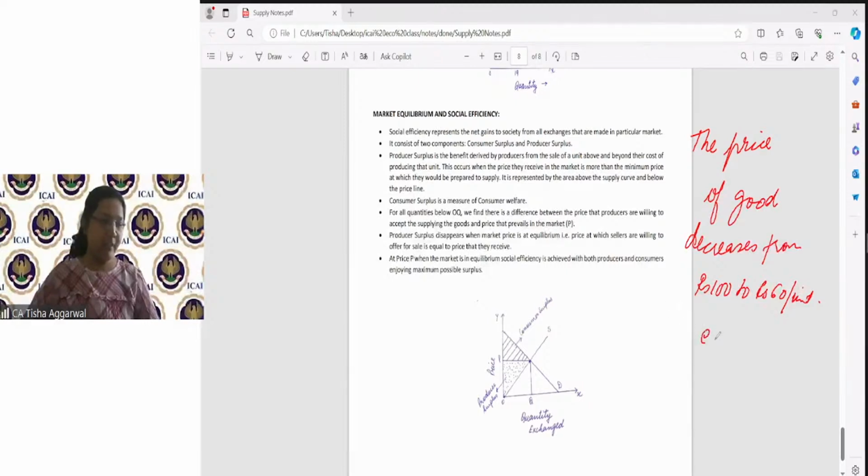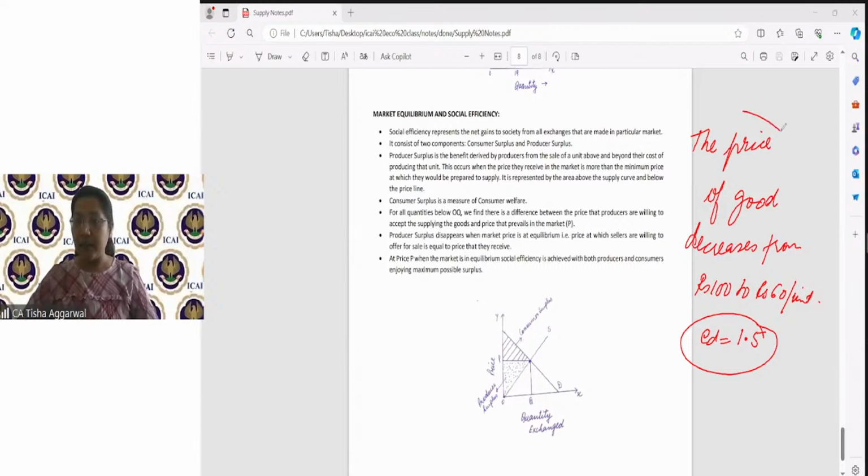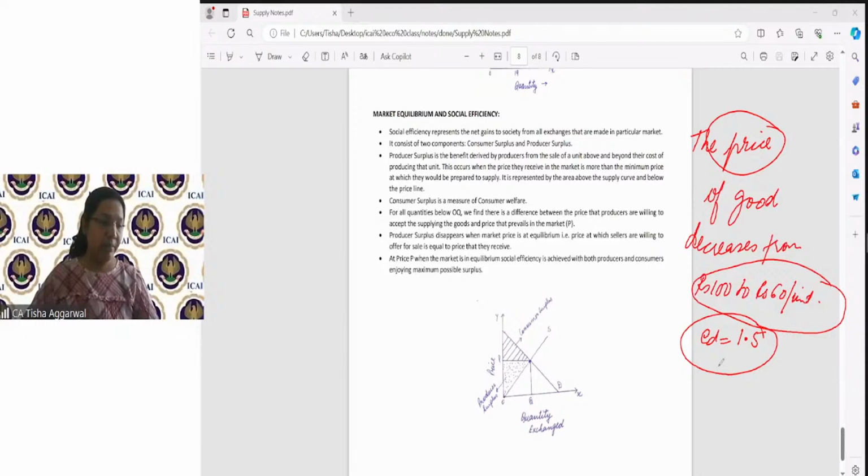If the elasticity of demand is 1.5, now come on, you are given elasticity, you are given the price change. They must be asking you the quantity now. So ED is 1.5 and the original quantity is 30 units. You have to calculate the new quantity.